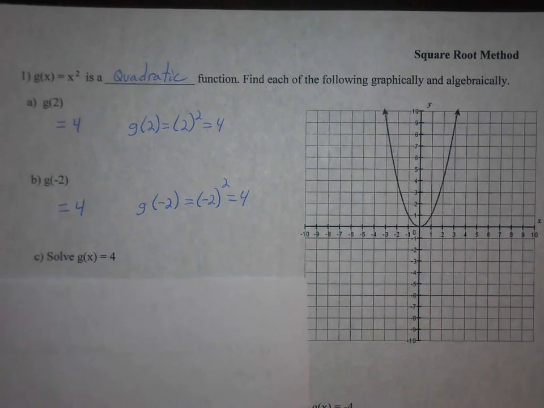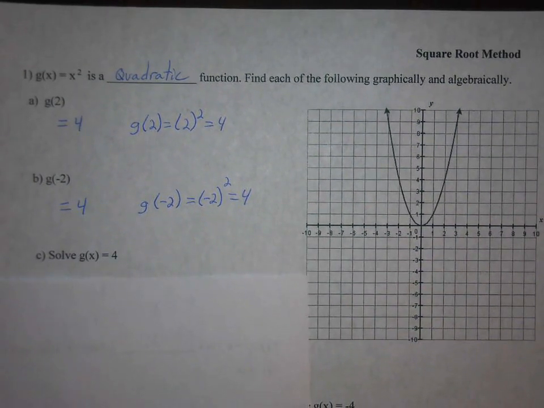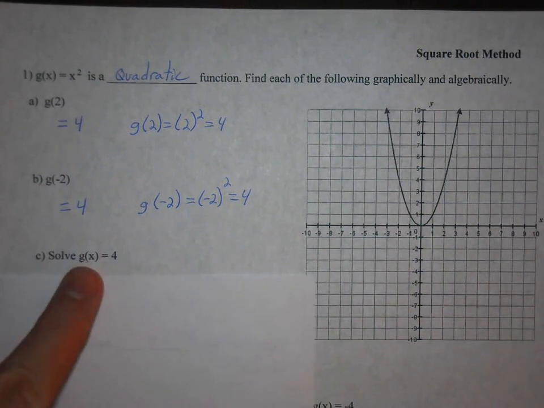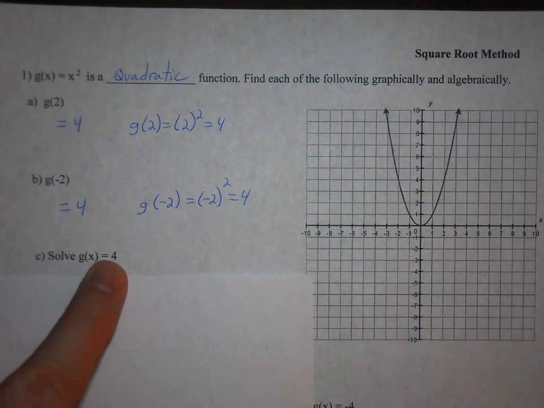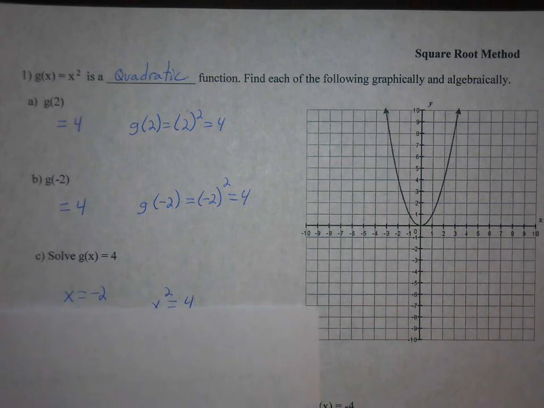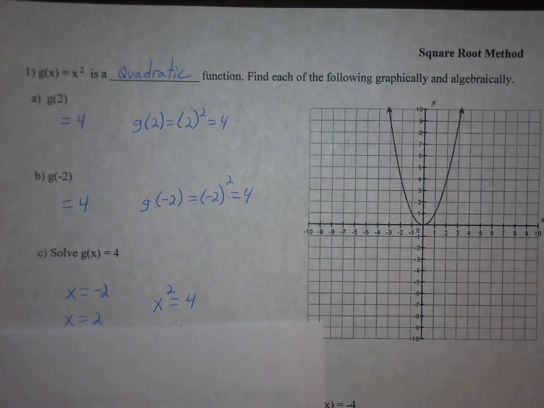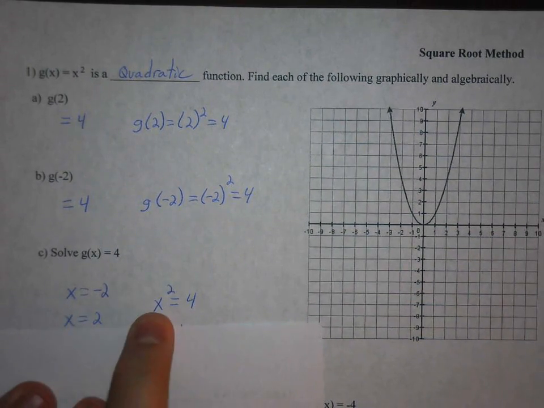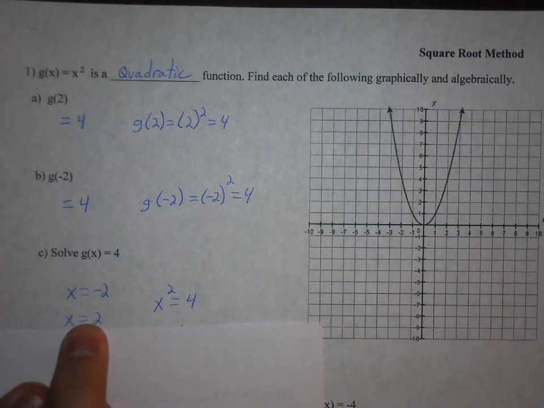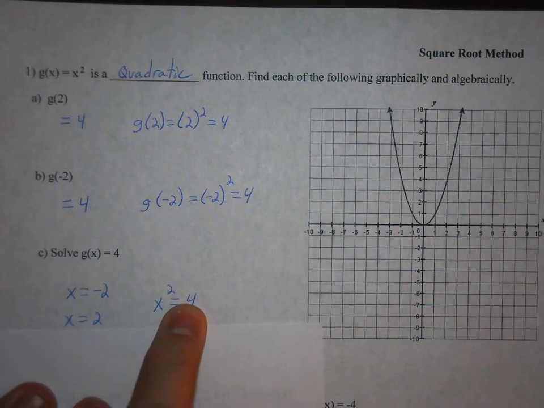As we move along, now we're going to solve g of x equals 4. What x value or values can you put into your function to get a y value of 4? We know that if x equals negative 2, negative 2 squared gives you 4, and x equals positive 2 squared gives you positive 4.